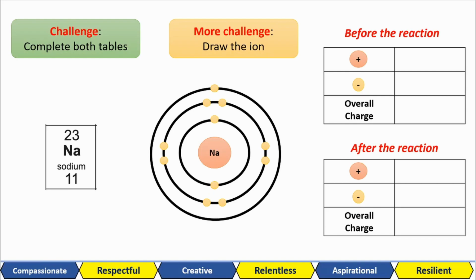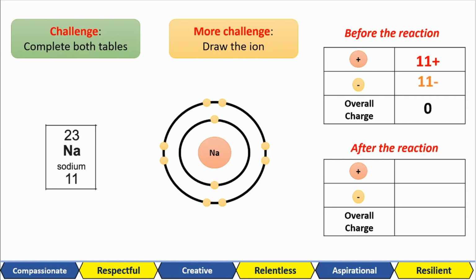Well, before the reaction we had 11 protons because that's our atomic number. Therefore we had 11 electrons to form a neutral atom. It's easier for sodium to lose one outer electron than to gain 7 new electrons to fill its outer shell.